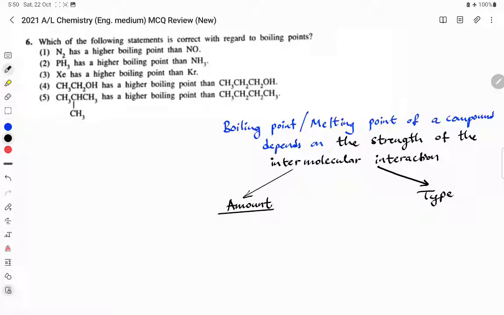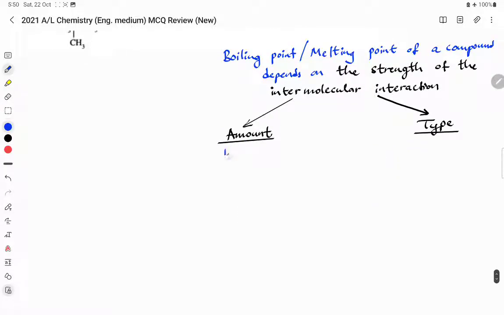So the amount of the interaction depends on several points. First one, the number of atoms. It's easy to understand. If a species has more atoms, it can form more interactions, therefore the strength of the interaction will be greater. Second one, the number of electrons, or you can say the molecular weight. If the number of electrons is greater in a species, it has a higher number of interactions, which means the strength of the intermolecular interaction is greater.